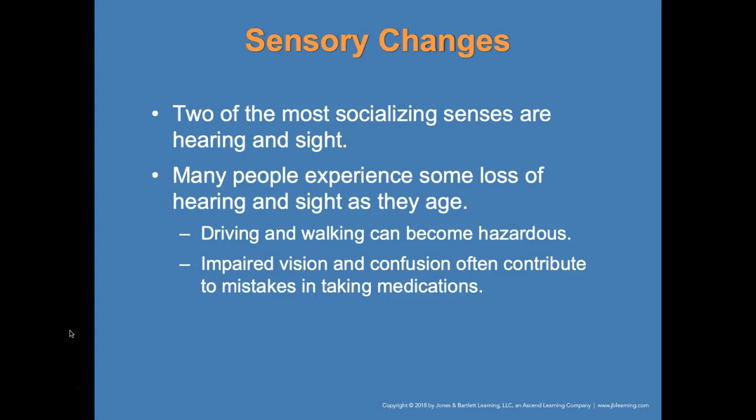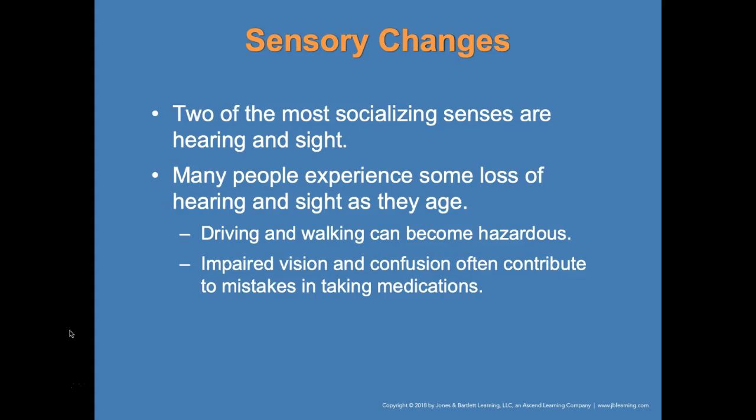Two of the most socializing senses are hearing and sight, and many people experience some loss of hearing and sight as they age. Driving and walking can become hazardous. Impaired vision and confusion often contribute to mistakes in taking medications. That can cause over-medication.